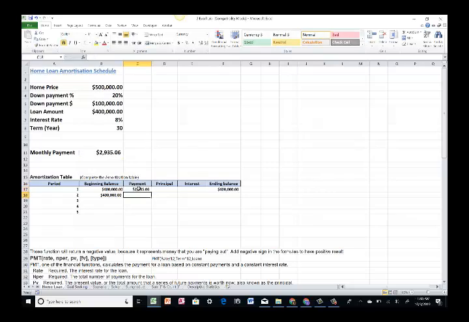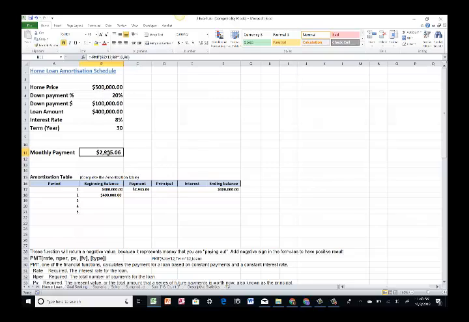I can reference the cells, or I can use the names of the cells in my amortization schedule. To use the names, I need to name the variables I'm going to be using in my formulas.